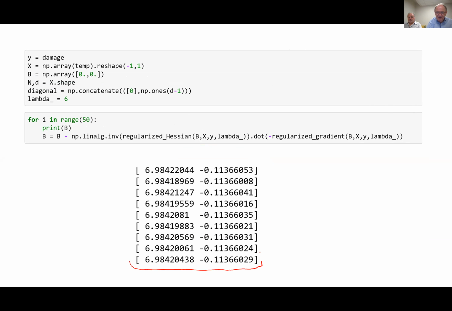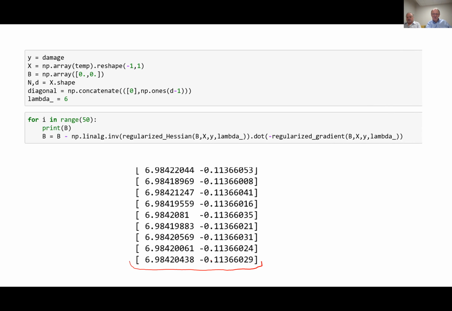Before the minimum was at 15 or something, and now it's much smaller. Now the constant term there is 6.98, and the other term is minus 0.11. So you're getting different minima.